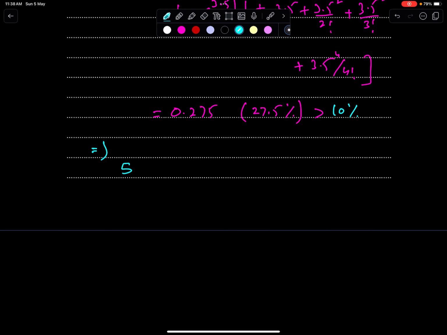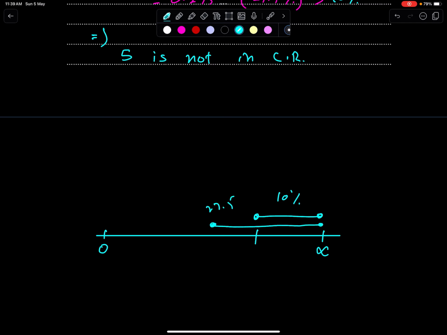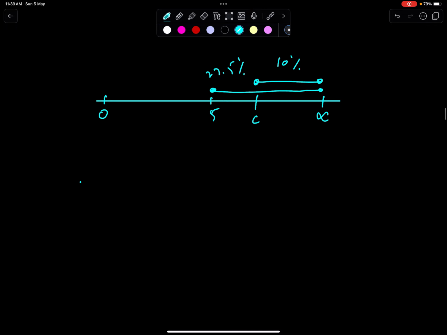Therefore 5 is not in critical region. This is 10%, and the probability of 5 is greater than 10%. So accept H naught.